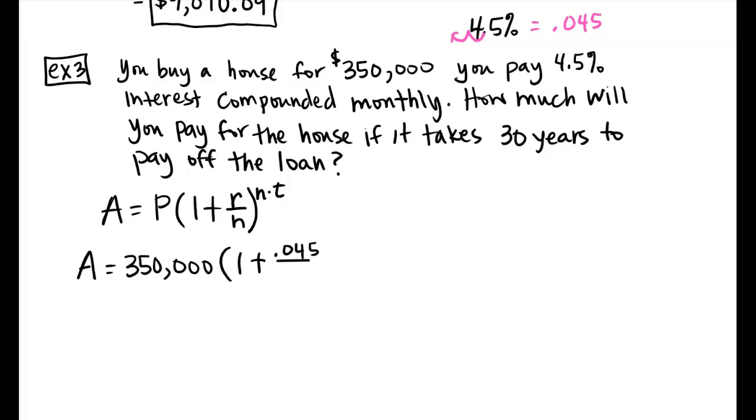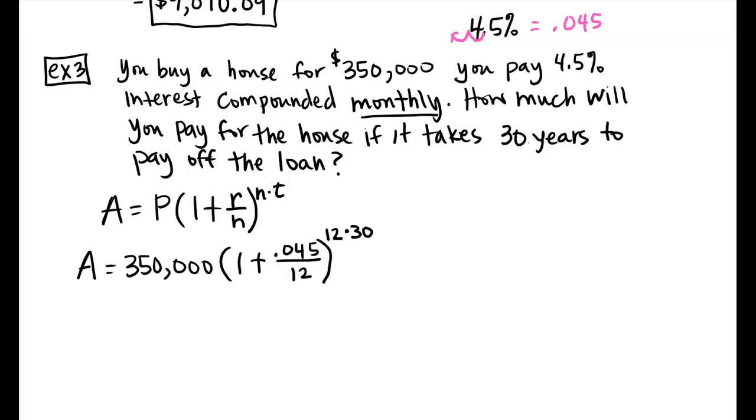So we'll have 0.045 divided by what? What is our N going to be this time? Would it be 12? Yep, it's 12 because it says it's compounded monthly. So that gives us our clue right there. So I've got to divide by 12. And then it's going to be raised to the 12, the number of times it's compounded, times 30 years.